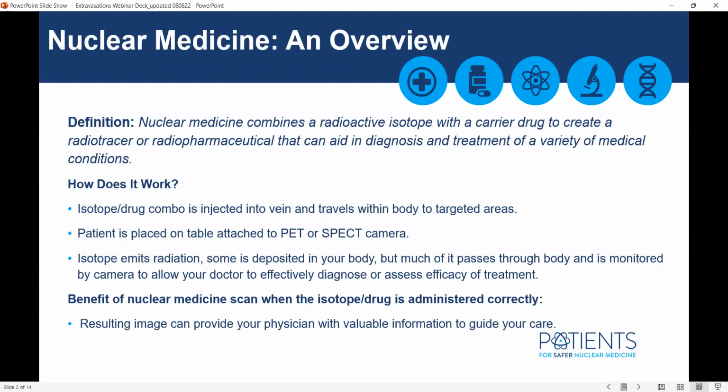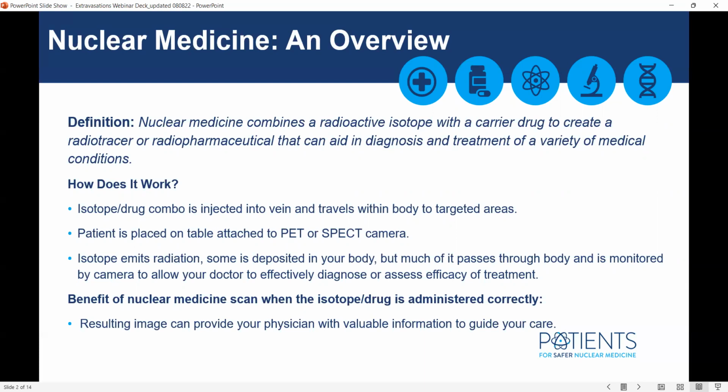So we're going to start out this morning just defining nuclear medicine. To see inside your body, your doctor might prescribe a nuclear medicine scan. Unlike an X-ray or CT scan, a nuclear medicine scan requires nuclear medicine.